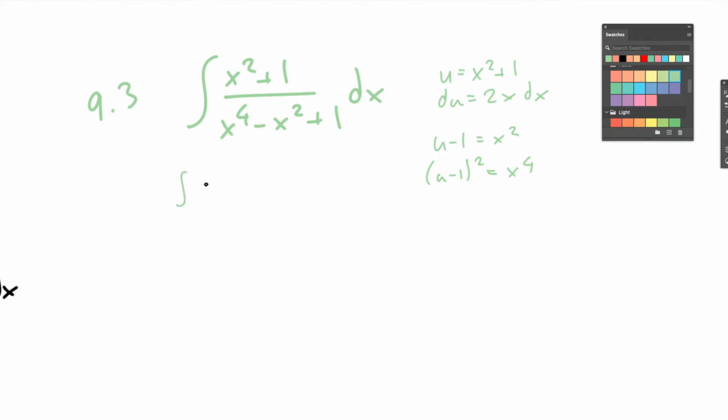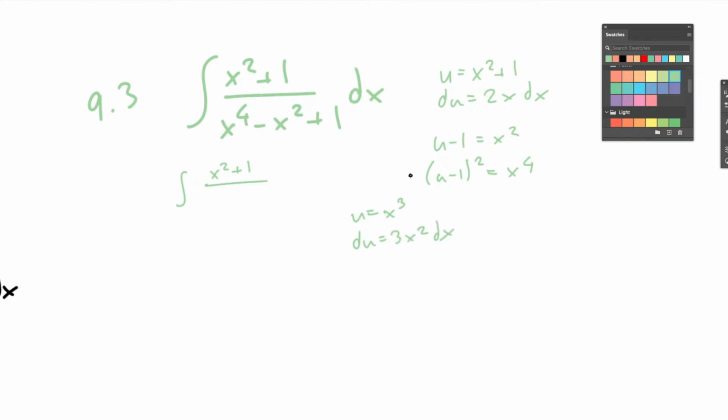If I make this x squared plus 1 over... if I make u equal x to the 4th, x to the 3rd, then it could be du equals 3x squared dx.